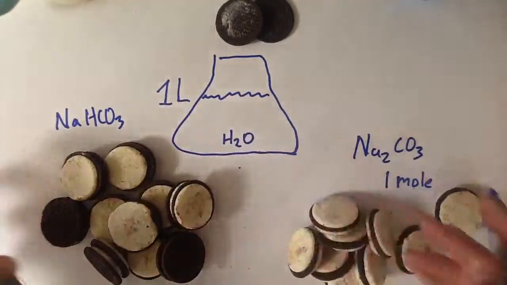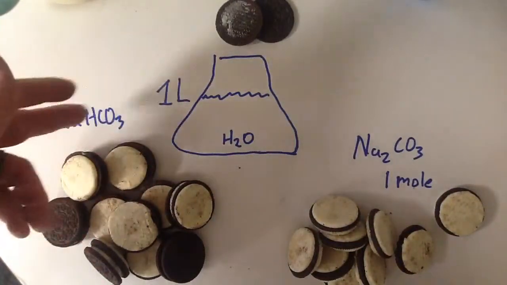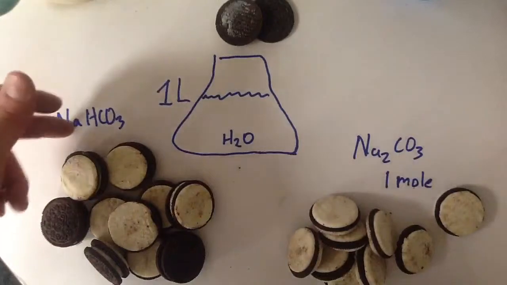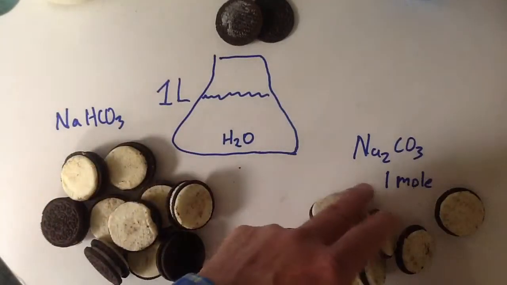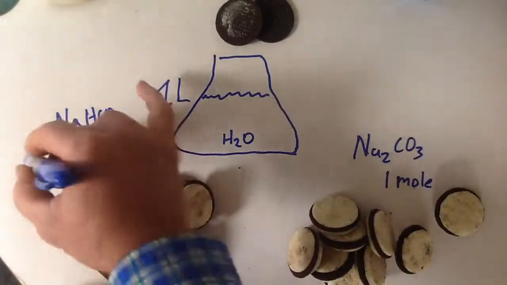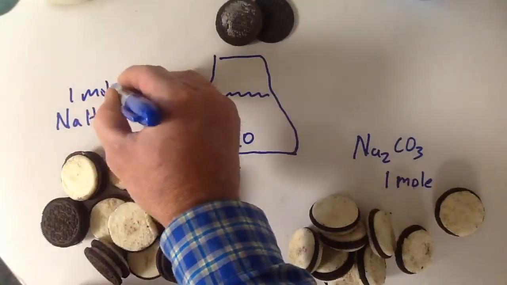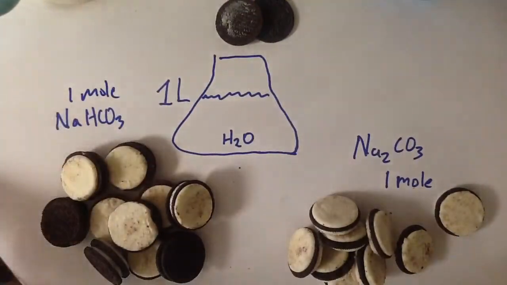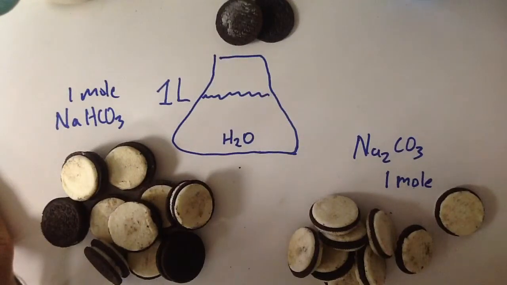We put those two together, fill up the Erlenmeyer flask up to 1 liter, and we would have 1 mole of NaHCO3, sodium bicarbonate, in a liter, and 1 mole of sodium carbonate in a liter. So again, 1 mole of each. If you remember molarity from previous discussions, we'd have 1 mole per liter of both.